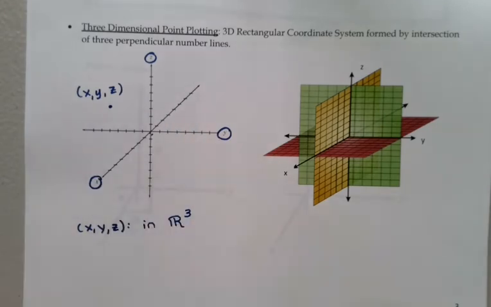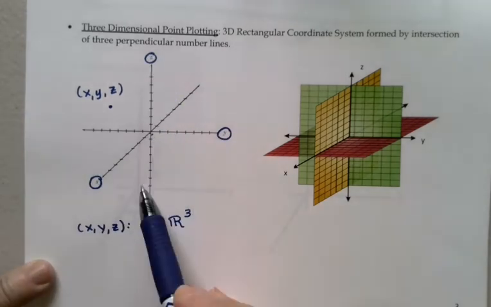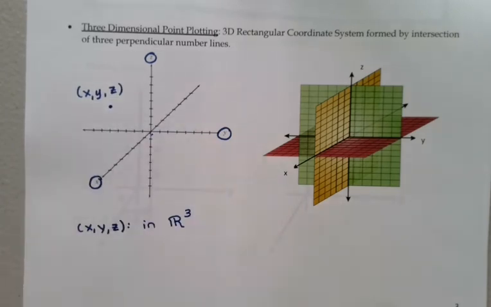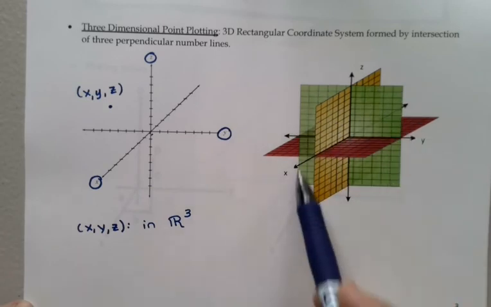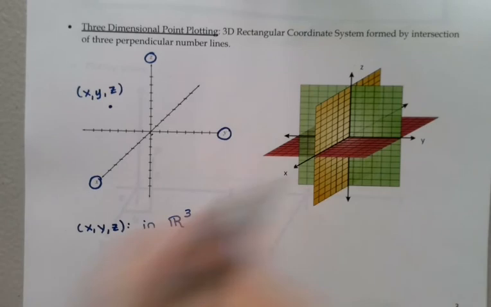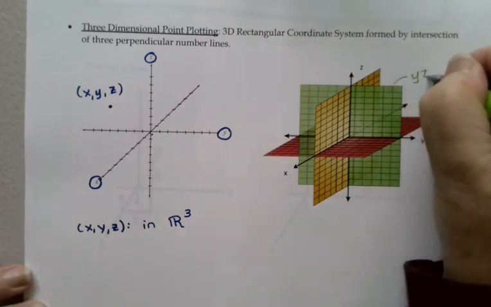And I'll also have you notice that each pair of axes forms its own coordinate plane. So just the y and z axis makes a plane that's flat in the plane of the paper. Not surprisingly, we would call that the YZ plane. If you come over to this next picture, the green plane here contains the Y and the Z axes. So the green plane would be the YZ plane.